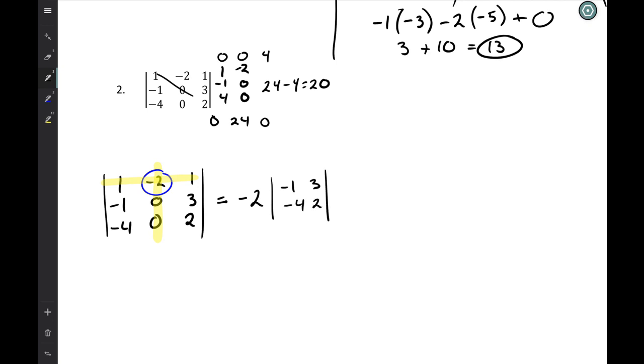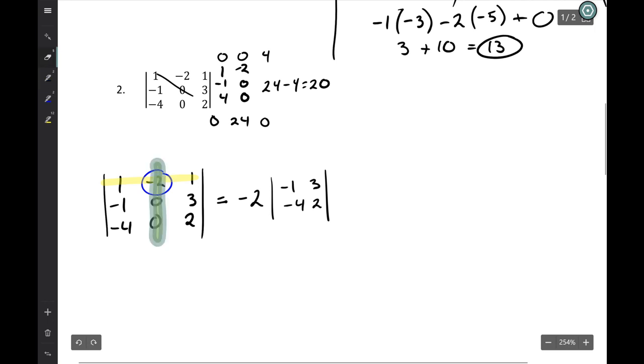And then the really nice thing that's going to happen is if I get rid of this and this, and pick this one right here. If I get rid of this entry, this is going to go away, but it's going to be 0 times the determinant of whatever that is.